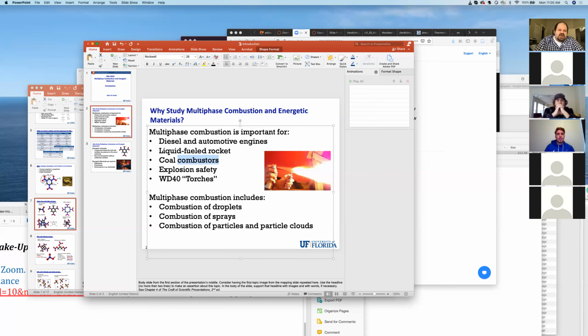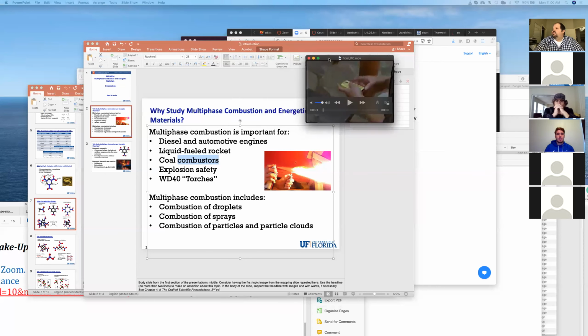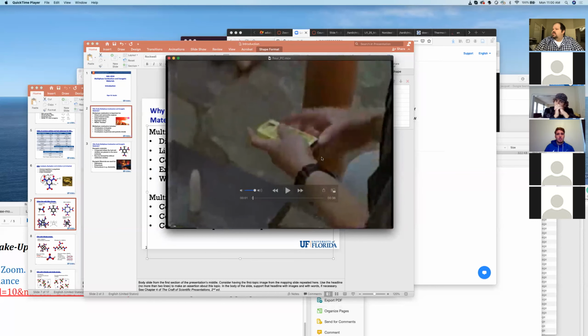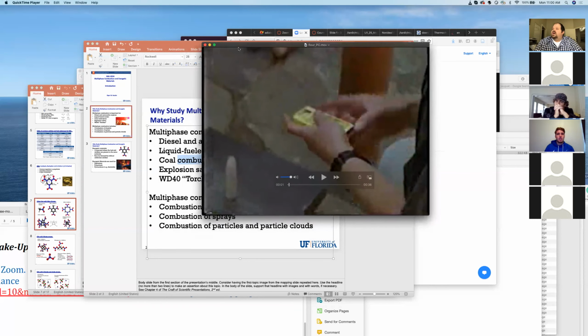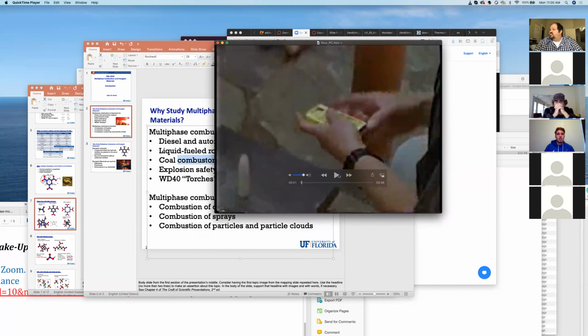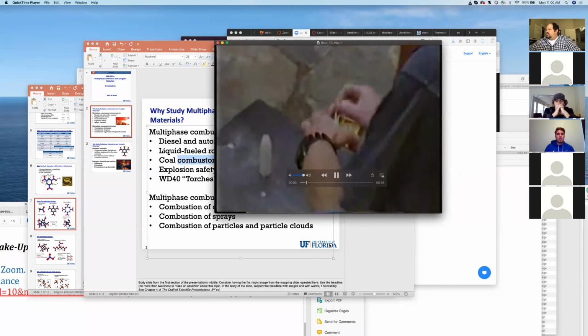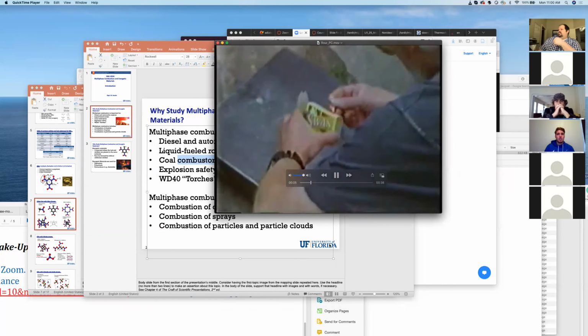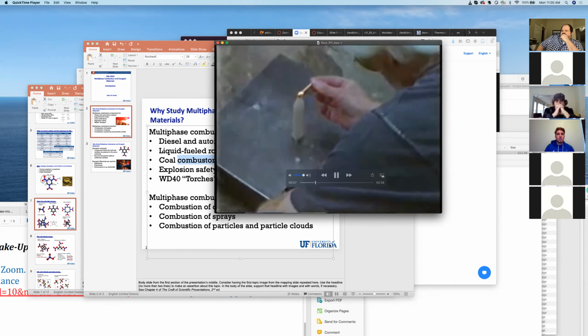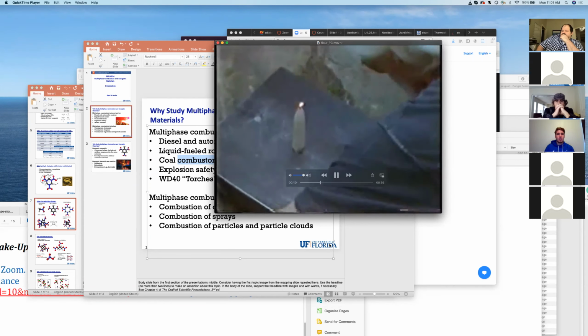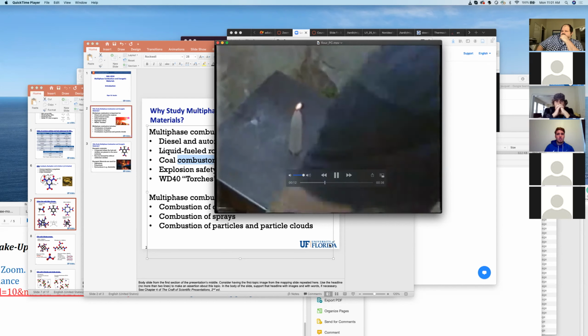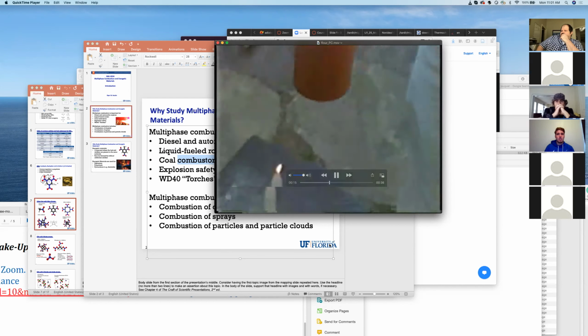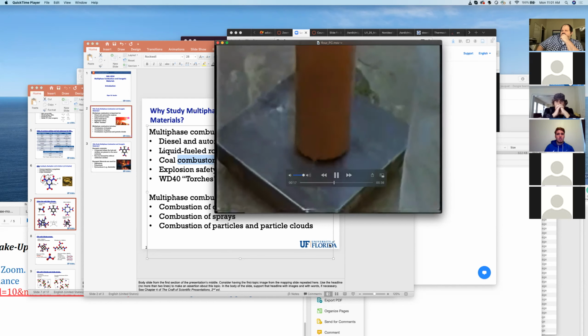So here I'll play a little movie, if you can see it, just to show that mixtures of innocuous particles can oxidize with air to produce explosions.